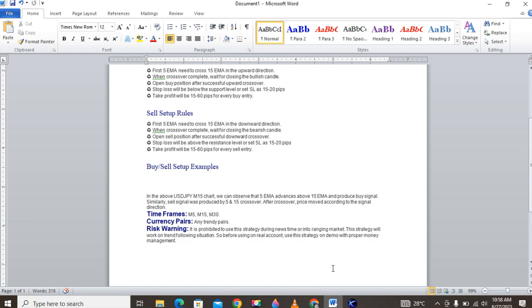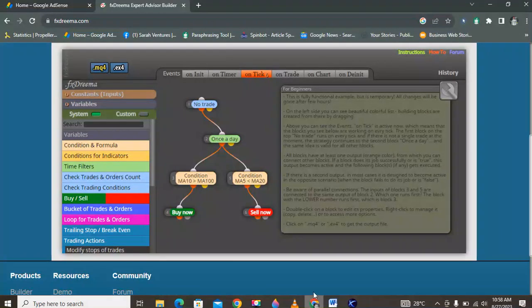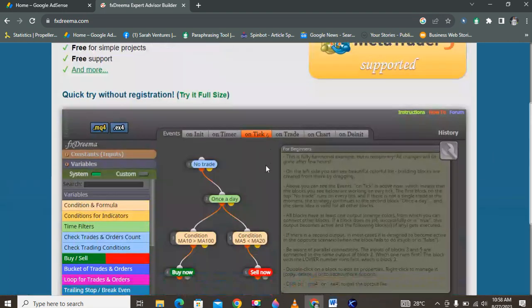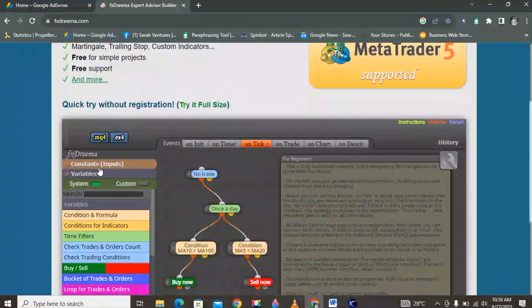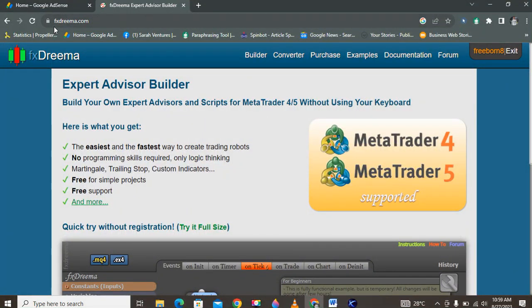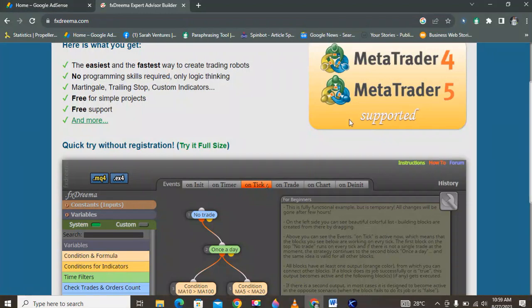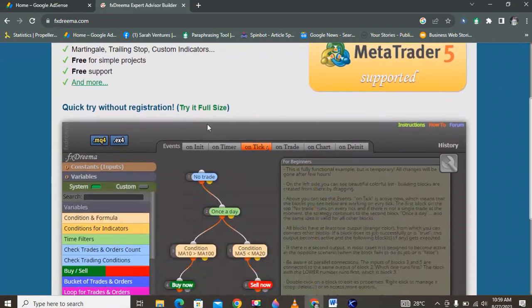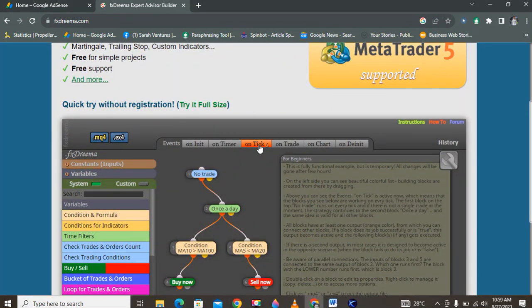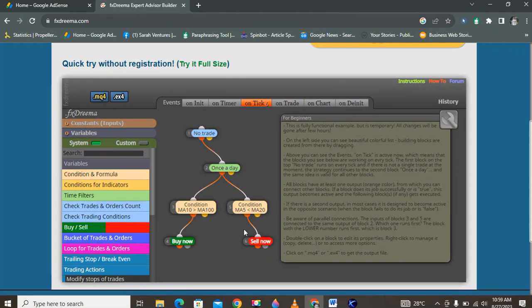Now, without wasting much time, let's start creating our robots. This is the favorite site that we love to use, fsdreamer.com. That is what we use to create our robots. If you are here at fsdreamer.com, you want to click on tick. On tick, you see this is the robot that we just created.